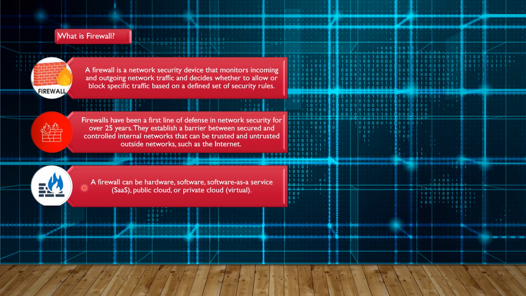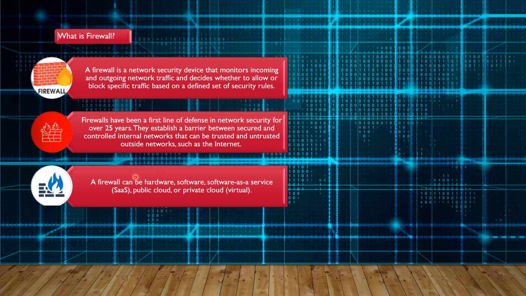Okay, a firewall can be hardware, software as a service, public cloud or private cloud. Hardware means in organizations, if they have lakhs of network traffic going on per second, a software version of the firewall is not capable of that kind of big bandwidth.